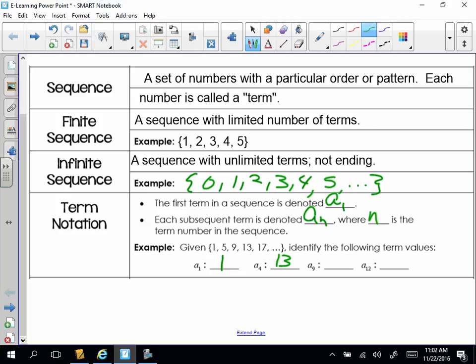I'm adding 4 each time. So I'd have to keep adding 4, and I'd have 21, 25, 29, 33 would be the ninth one. Then if I wanted to find the 12th one, I'd add 4 again and get 37, 41, 45 would be the 12th one.